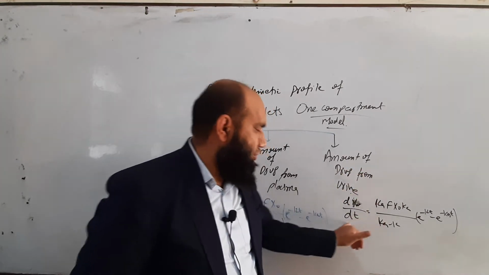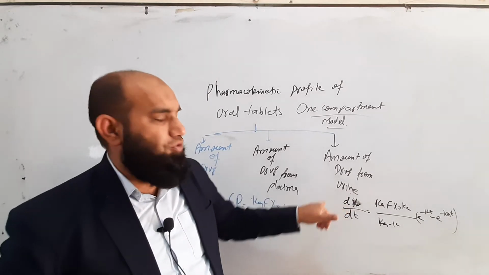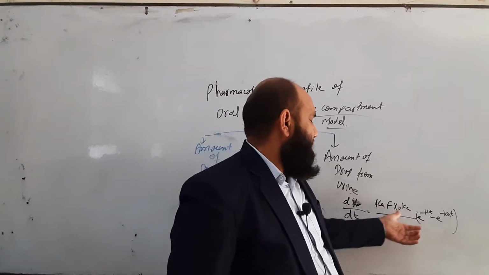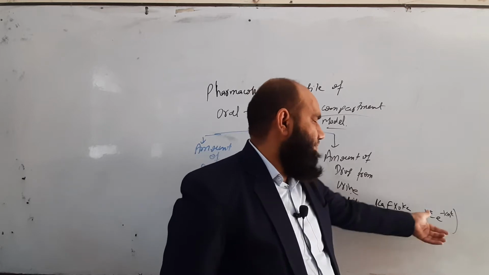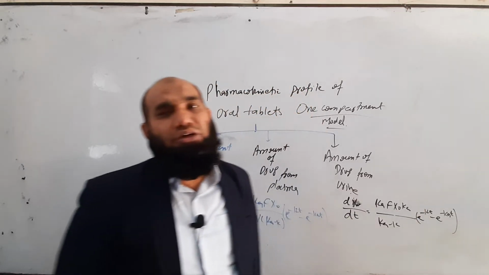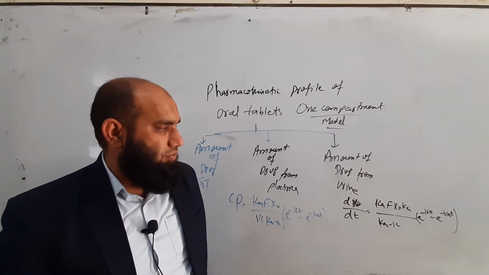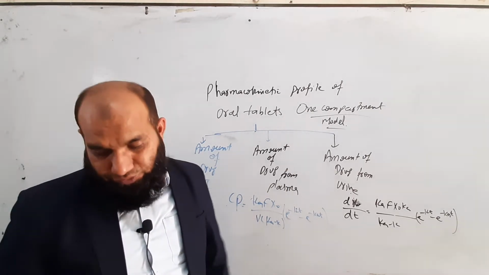In the case of the oral form, we can calculate this dXu over dt by using Ka, Ke, F and X naught. These are basically rate constants, and t is the time at which we want to calculate the amount and the rate of drug.